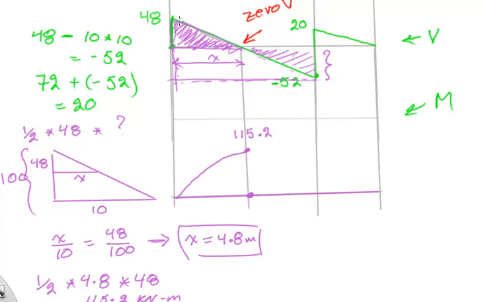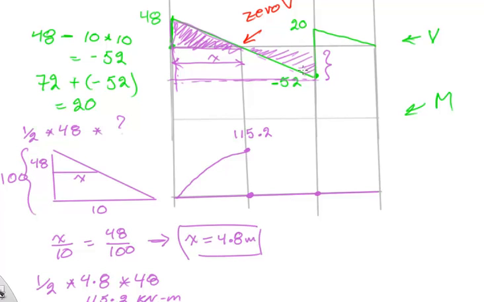Basically what I'm saying here is, ask yourself this question: what is the degree of this line? This is a line of the first degree, so the moment diagram should be of the second degree. And if the shear is a straight line horizontally, that's of 0 degree, and then the moment diagram should be of the first degree.